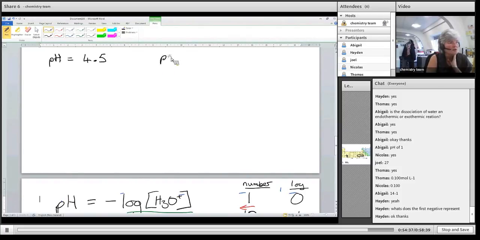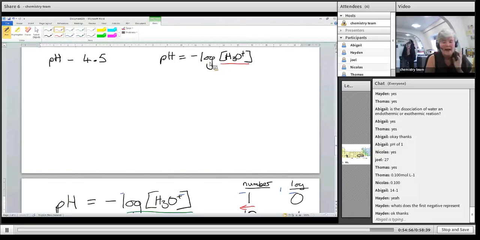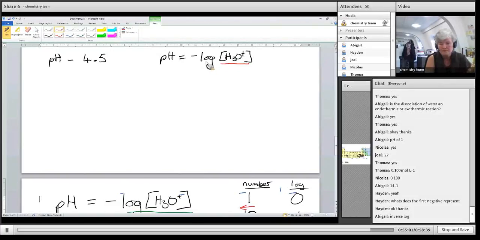So pH is equal to the negative log of the hydronium ion concentration. So I've got to try and get this by itself. So I've got to get rid of the log. How do I get rid of a log? You take the inverse log or the anti-log, which is pretty much 10 to the.